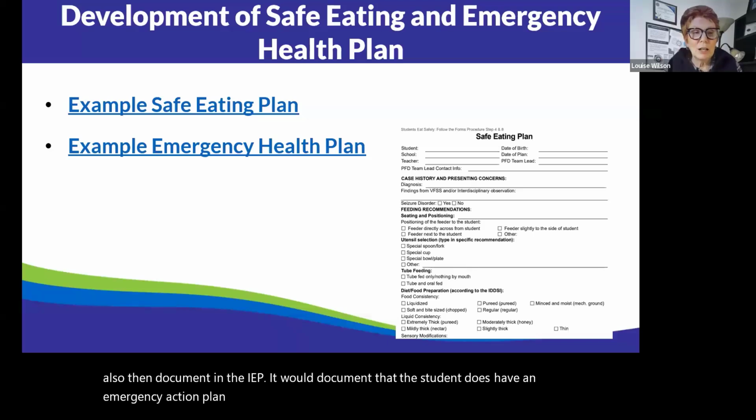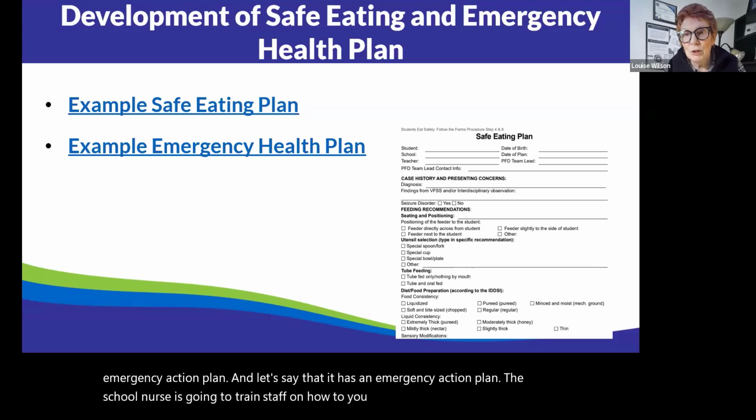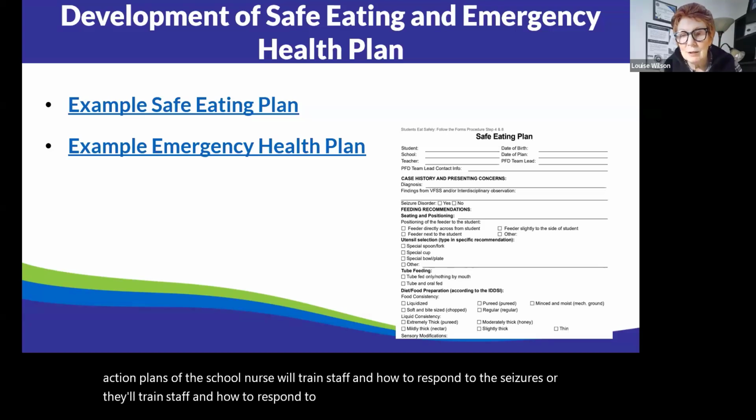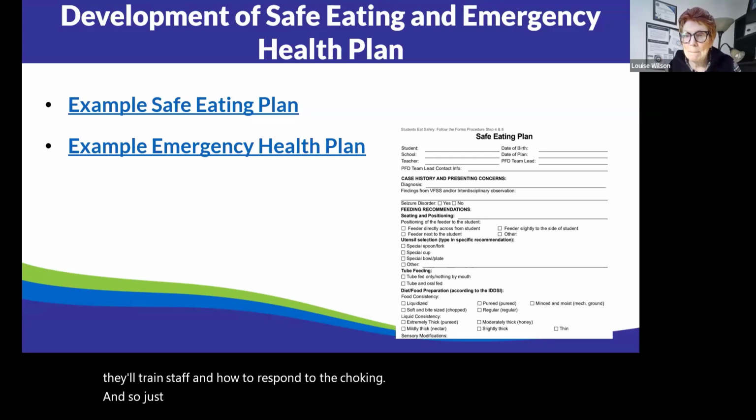And the school nurse is going to train staff on how to implement it. So the school nurse will train staff on how to respond to the seizures, or how to respond to the choking incident. So just so you know that.